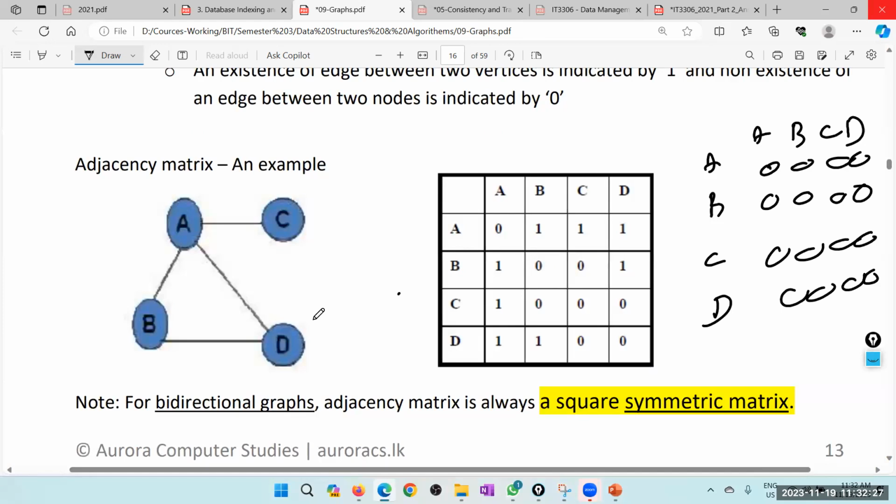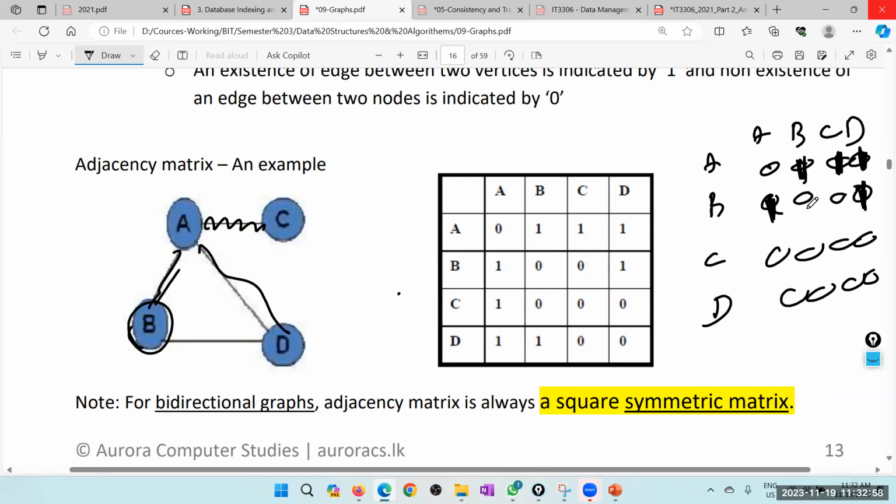Now, for those that have a connection, we mark it as 1. For example, there is a connection between A and C, so A to C, I will mark it 1. A to B, A to D, I will mark as 1. So that is from A to the others. Then we start with B. B to A, B to D, I will mark 1.